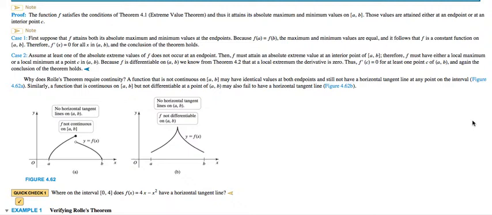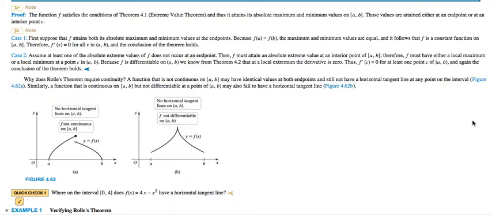That's kind of the boring case, I say. If we assume that at least one of the absolute extremes of f does not occur at an endpoint, then the function has to have an absolute extreme value at an interior point of the interval itself. Therefore, that function has to have either a local maximum or a local minimum at some point c in AB.